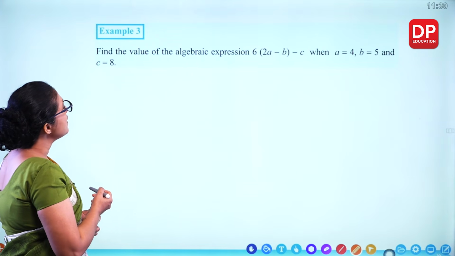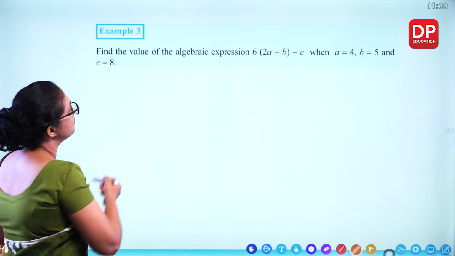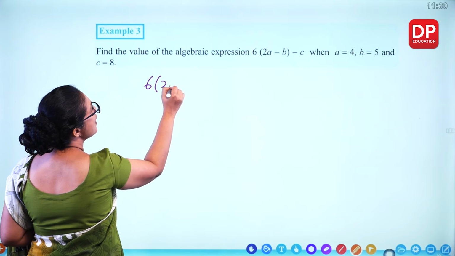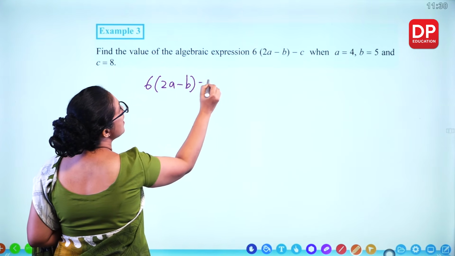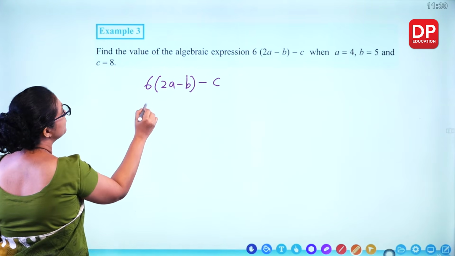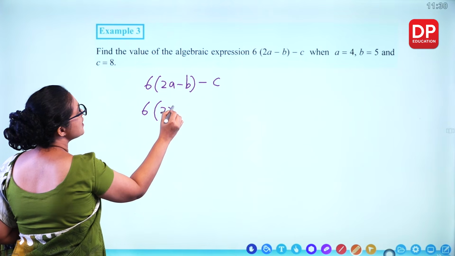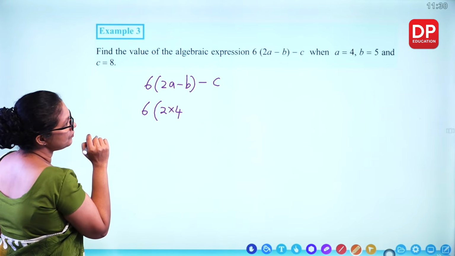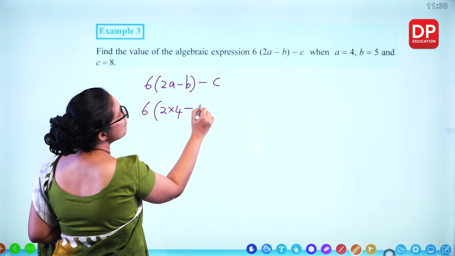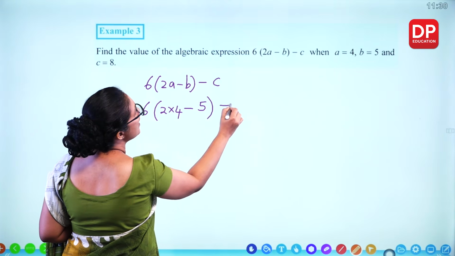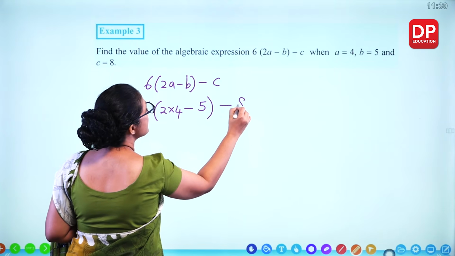Example number 3. Find the value of the algebraic expression 6 times 2a minus b minus c. A equals 4. We'll substitute here 2 times 4. B is 5, minus C is 8.